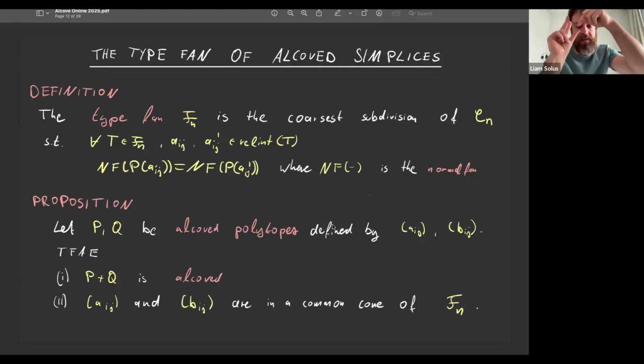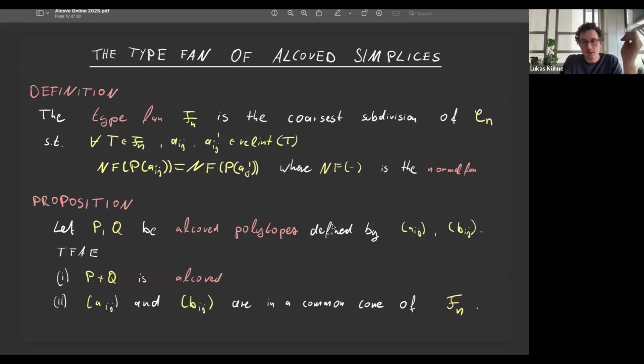Can I have another cone over here that gives me the same normal fan up to some isomorphism? I think it could happen that you have two different maximal dimensional cones in this type fan where these normal fans are isomorphic. Certainly there could be some permutation acting on these cones, but I could also imagine that they would still have the same normal fan, but I'm not sure. Okay, thanks.